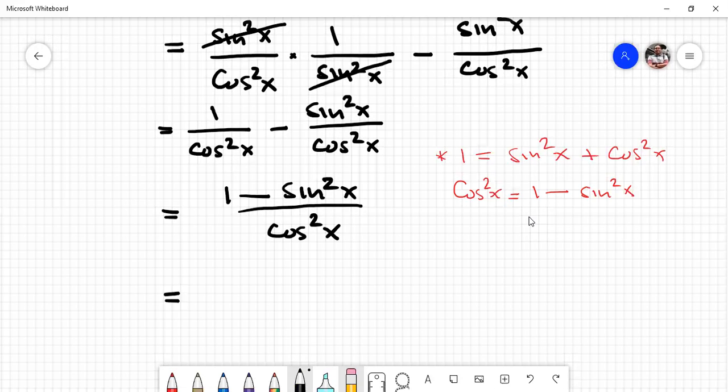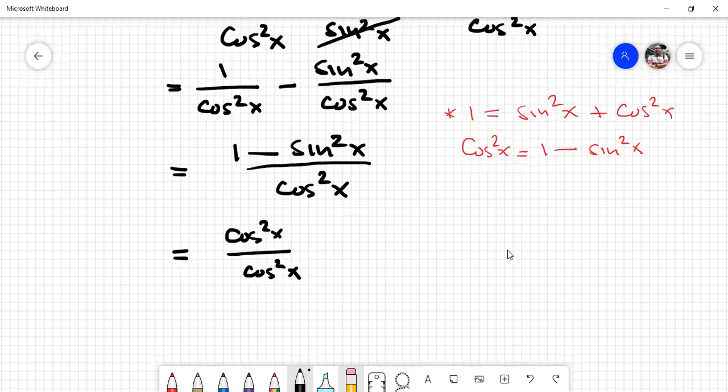So I just substitute this: 1 minus sine square x becomes cos square x. So cos square x out of cos square x gives you 1.